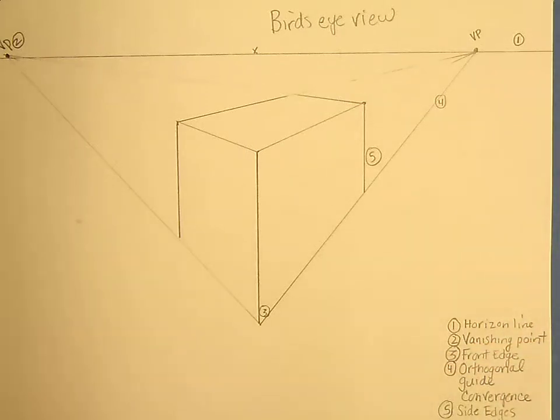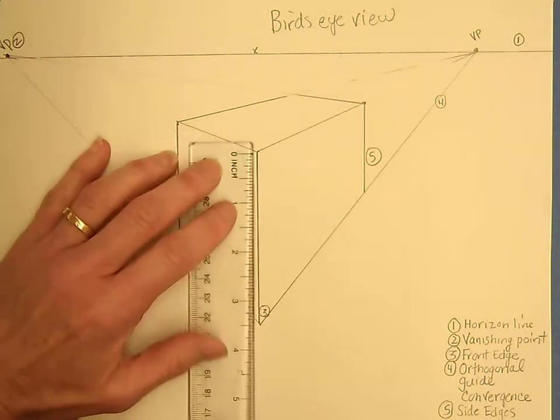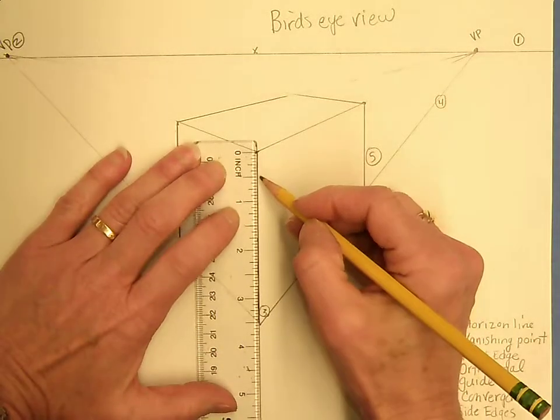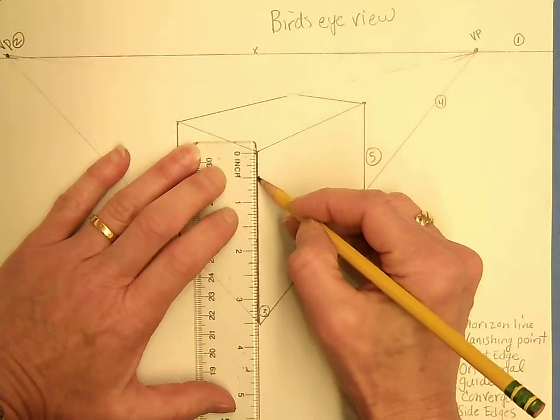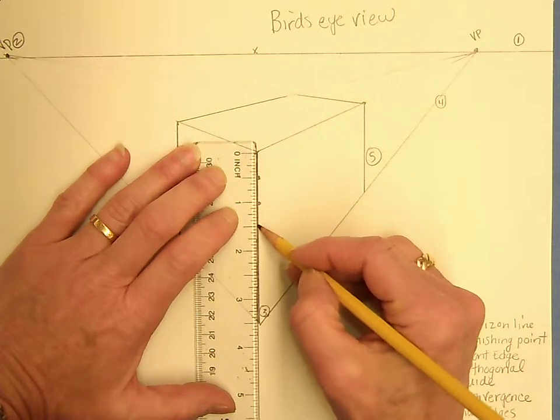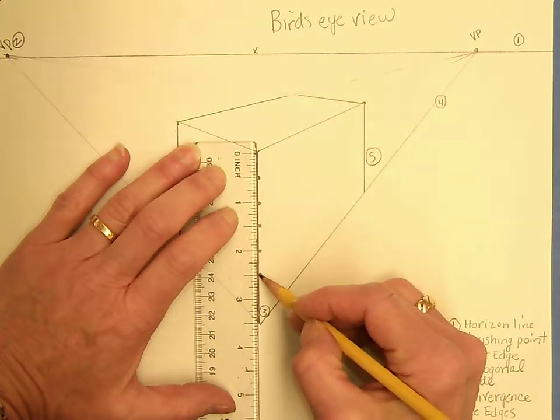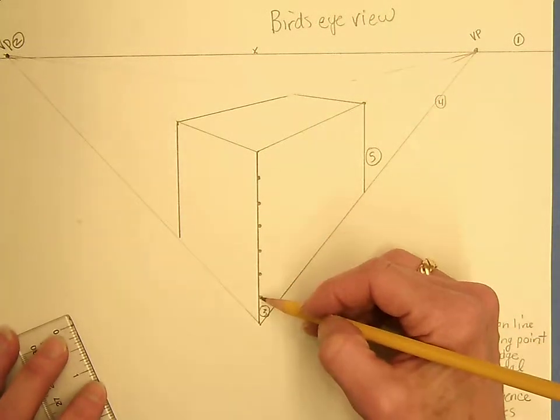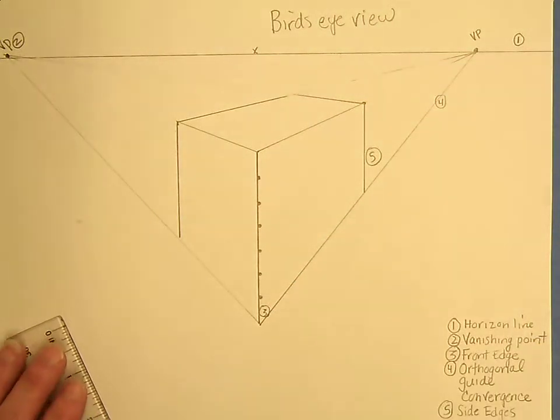So now what we're going to do is we're going to place our ruler on the front edge. With our ruler on the front edge, we are going to come down every ½ inch on our front edge. Okay, so we now have 1, 2, 3, 4, 5, 6 dots on our front edge.